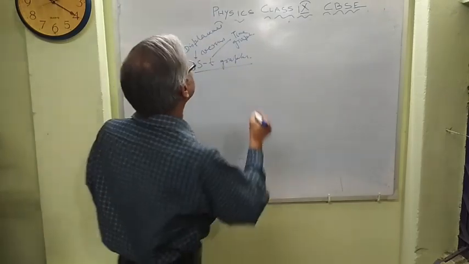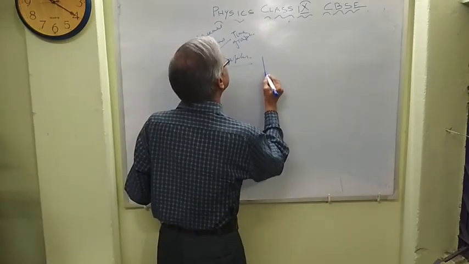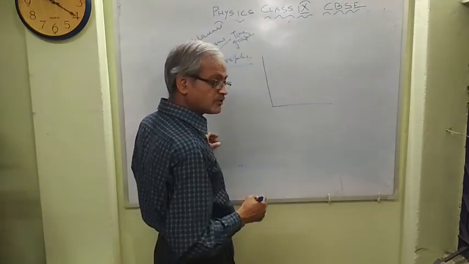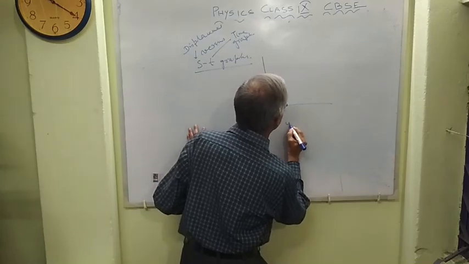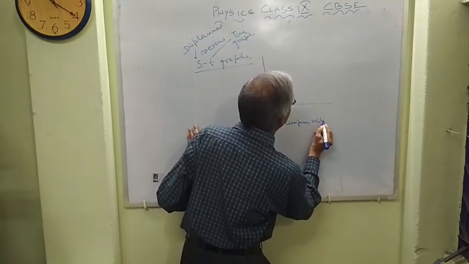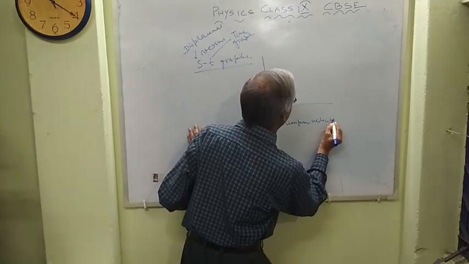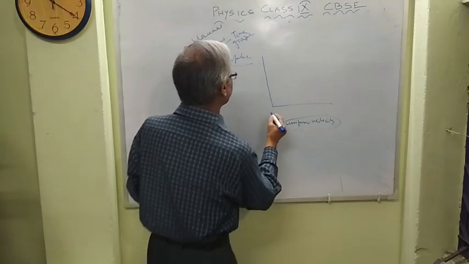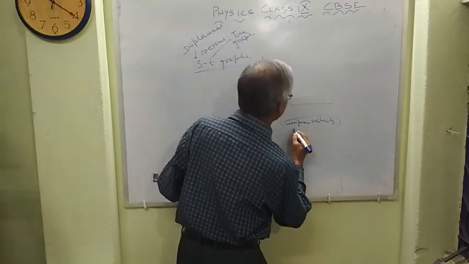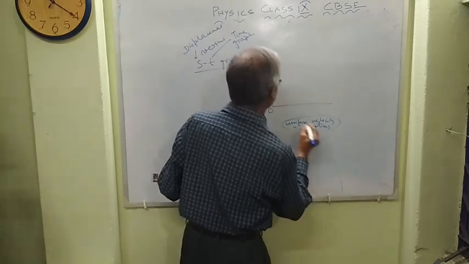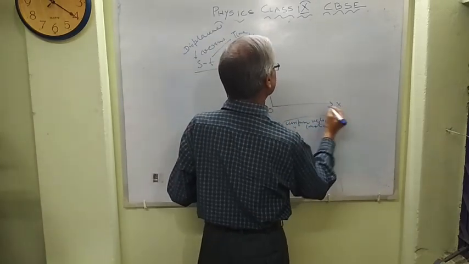For uniform velocity, that is uniform motion, OX.